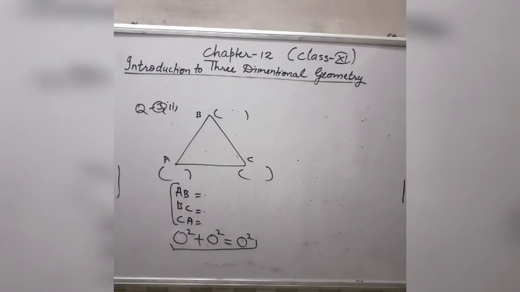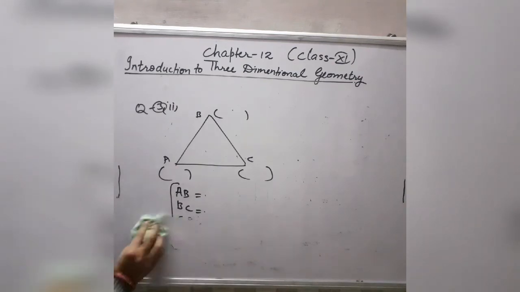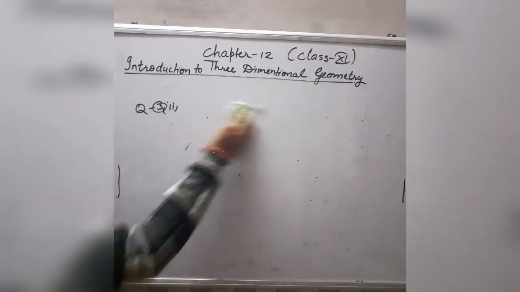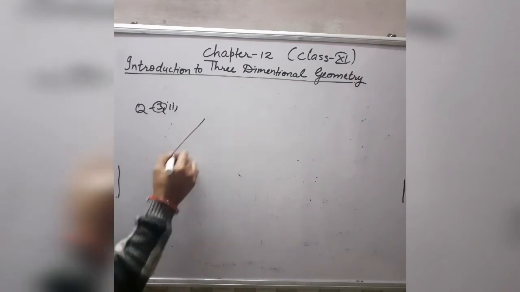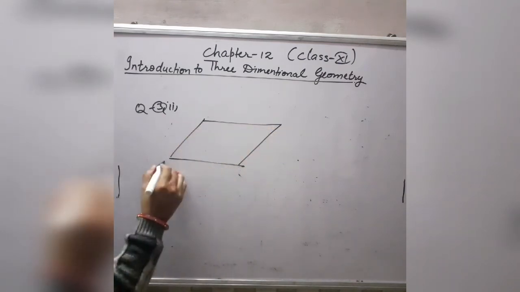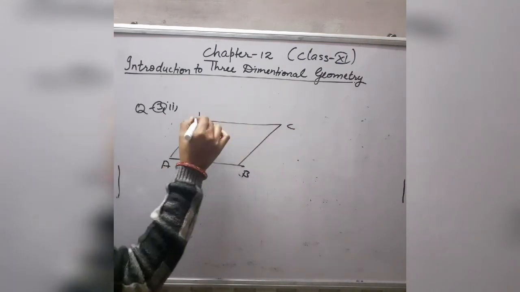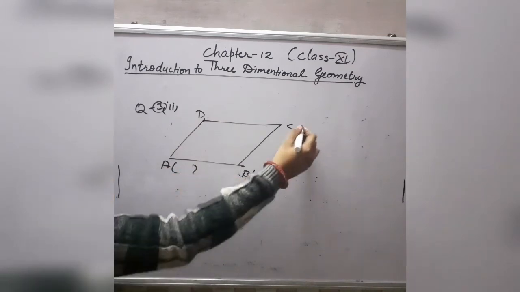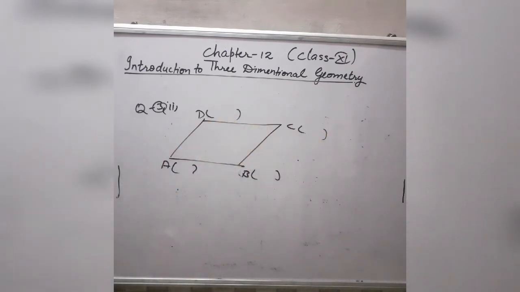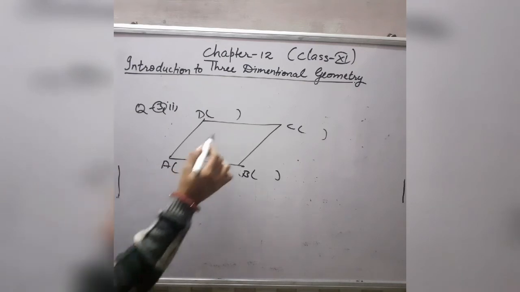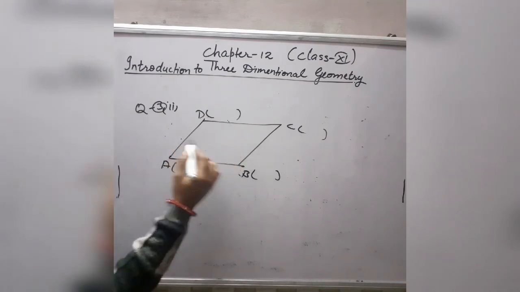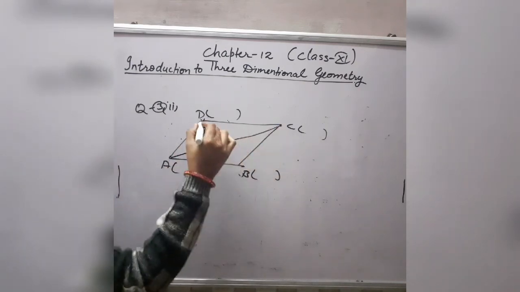In the third part, 4 vertices are given to you, and check whether these vertices are the vertices of a parallelogram or not. So in the case of 4 vertices, let us suppose you take all the points in order. In a parallelogram, the lengths of opposite sides are equal and the diagonals are not equal.